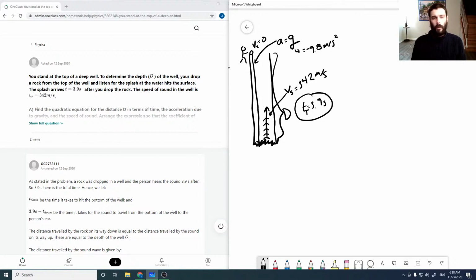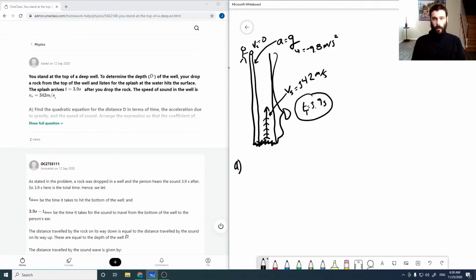Okay, and so the first question is just to find the quadratic equation for the distance D in terms of the time, the acceleration due to gravity, and the speed of sound. And it wants us to arrange the equations so that there's no prefactor on the D squared term.